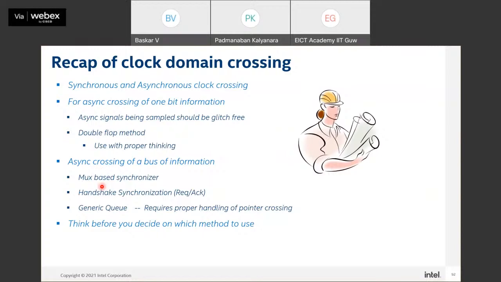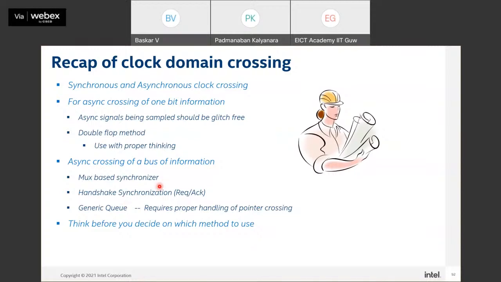You can go ahead for a mux based synchronizer, a partial or full handshake mechanism, which is nothing but a kind of request-ack protocol, or a generic FIFO. These are some of the techniques which typically we follow as industry-wide solutions to do clock domain crossing of signals from one domain to another domain.